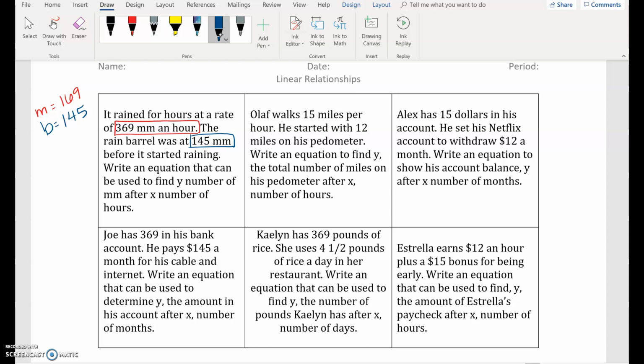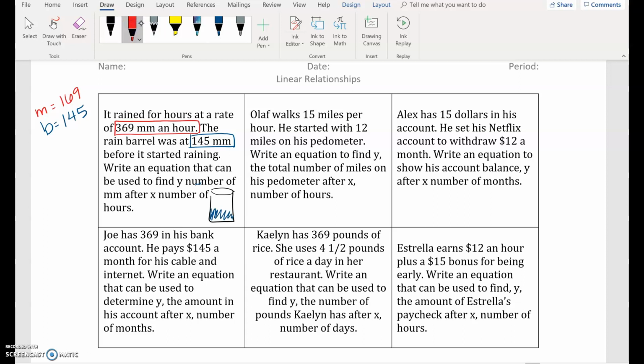I see this one about Joe. Joe has $369 in his bank account. He pays $145 a month for his cable. Write an equation that can be used to determine the amount after. Okay, so in this situation, we have this rain barrel, and it's got 145.